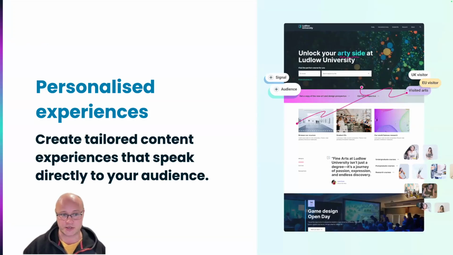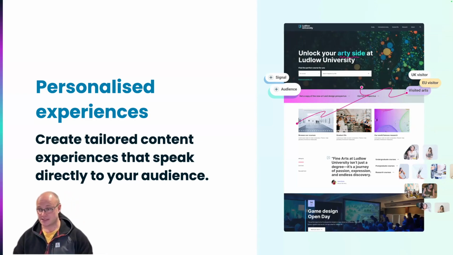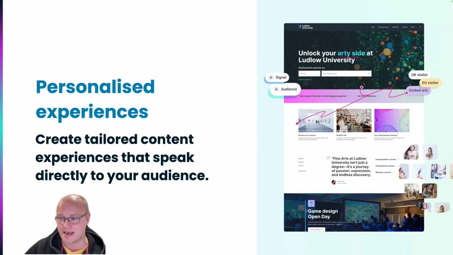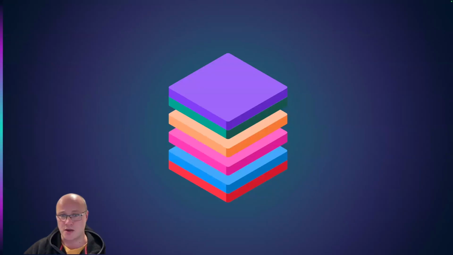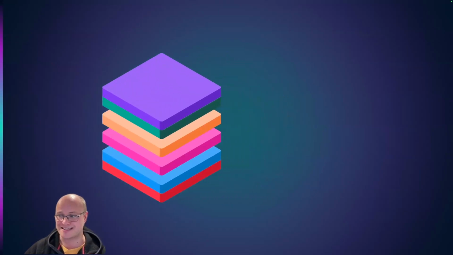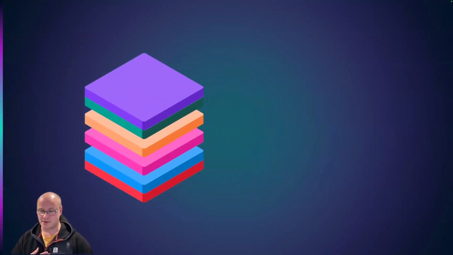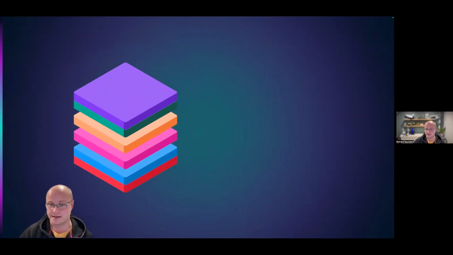So what is personalization? It's about creating tailored content experiences that speak to your audience. And it's about showing the most relevant content to each visitor. And the way it works is through a series of layers within the Contensis stack.